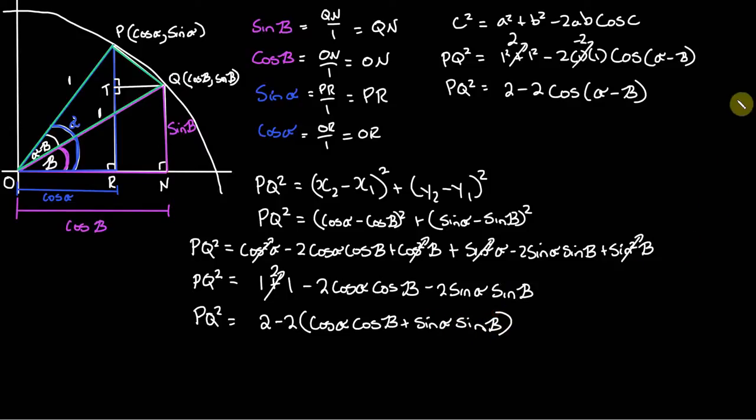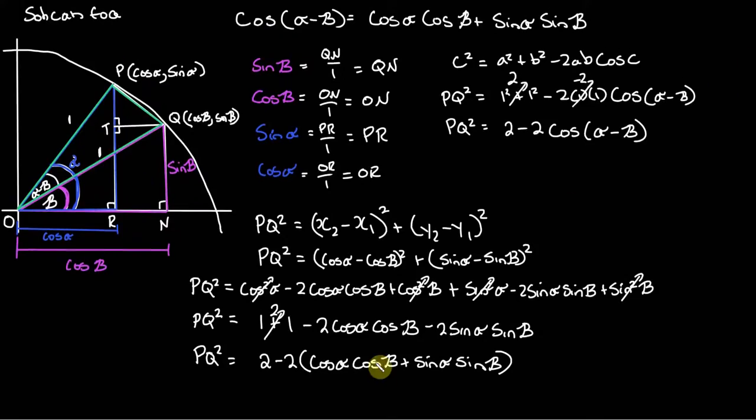And now we're getting much closer to where we want to be. We've got our cos alpha cos beta plus sine alpha sine beta, just as we want. Up here, we've got our cos alpha minus beta. And so what we want to do now is compare, I think, the 2 results for PQ squared.